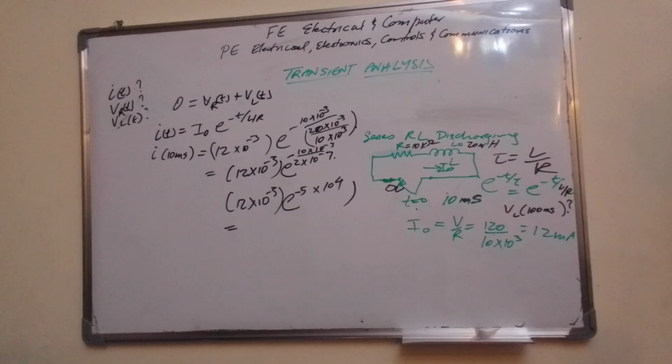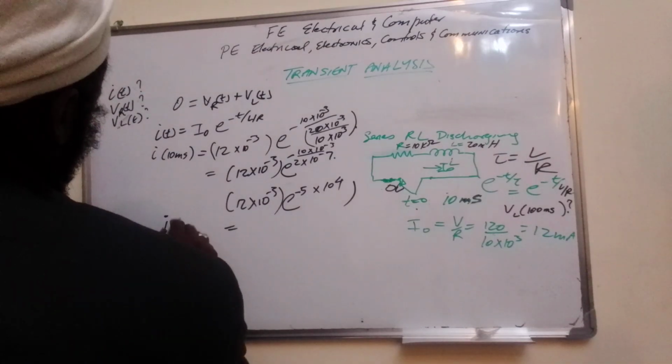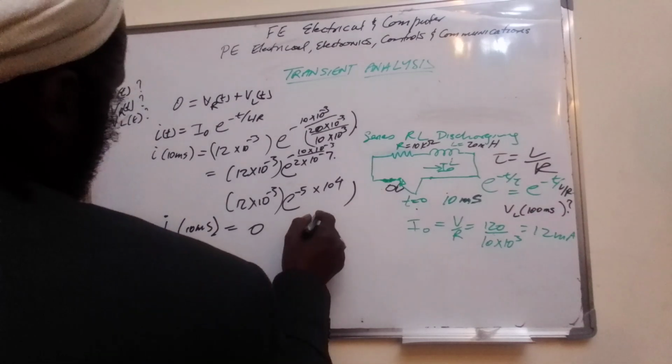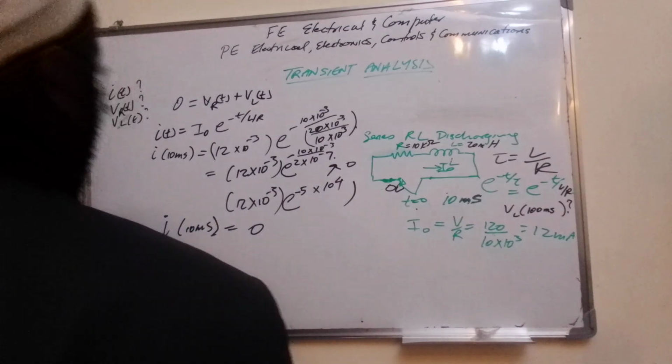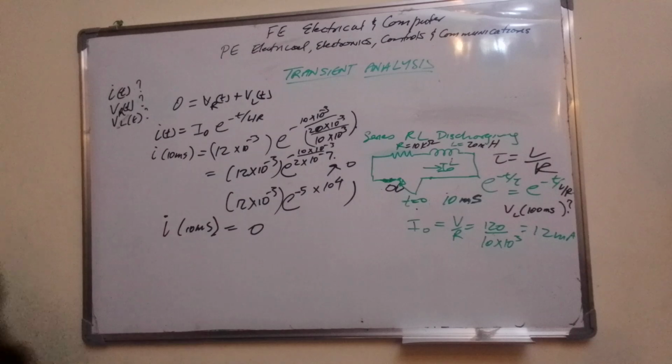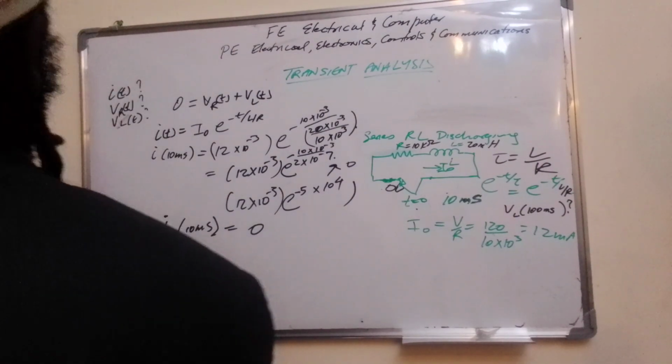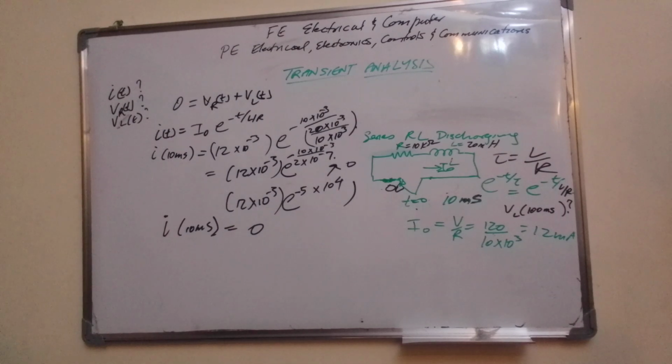What it is saying is that the current flow after 10 milliseconds in such a circuit is equal to 0. Such a big number, right? No current flow after 10 milliseconds, that doesn't make sense. Does it make sense? Initial current, t over tau, if this number is tending to 0, that doesn't make sense then, right?